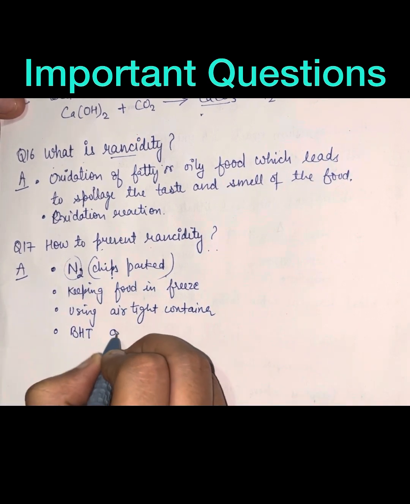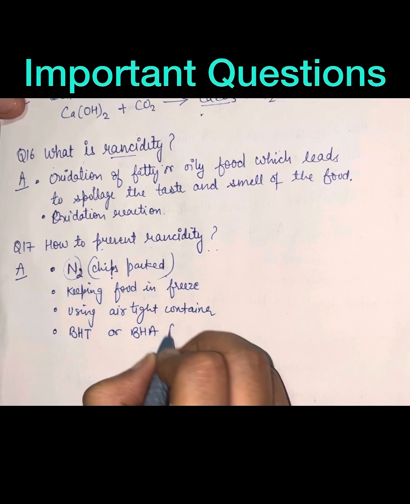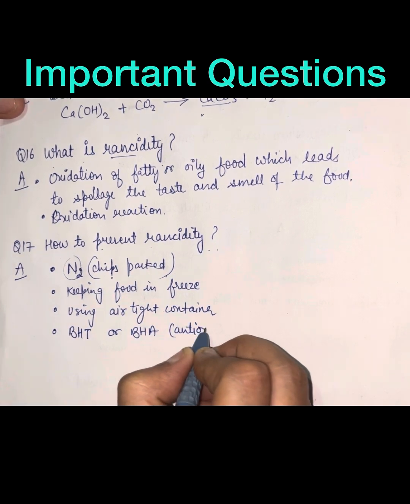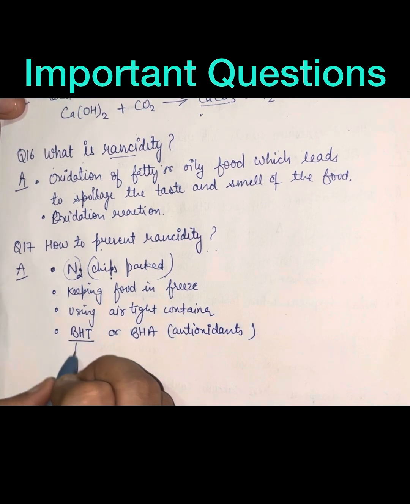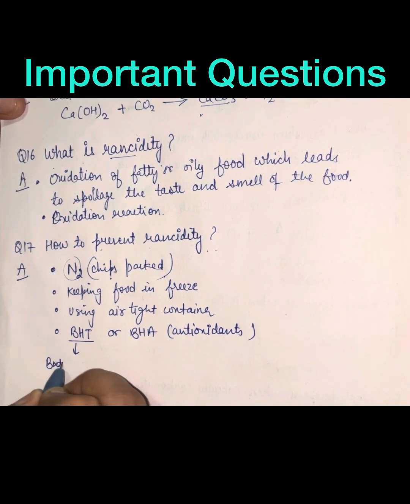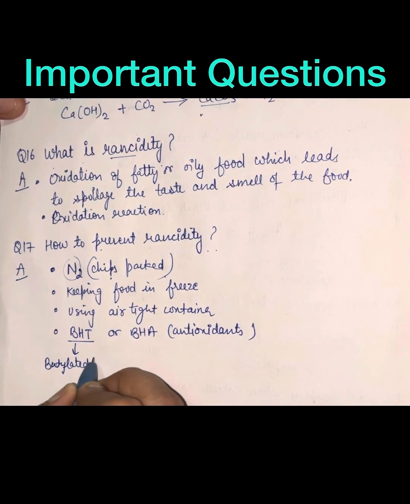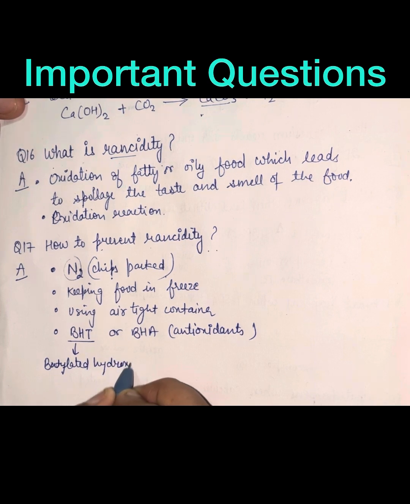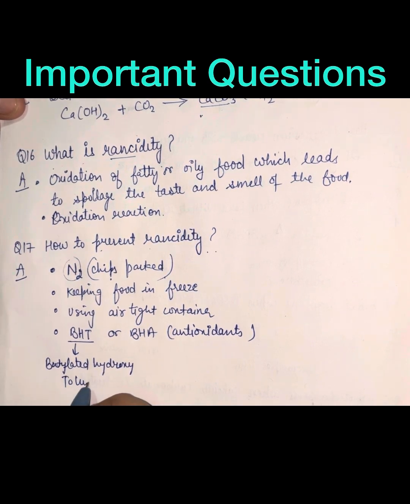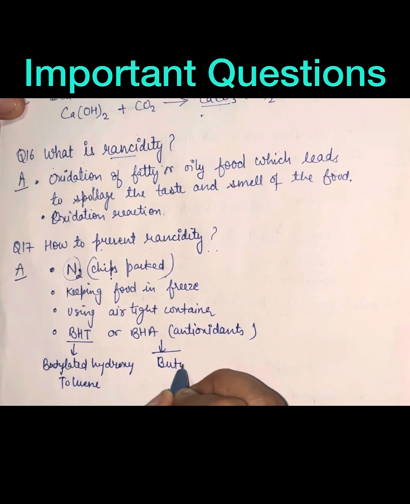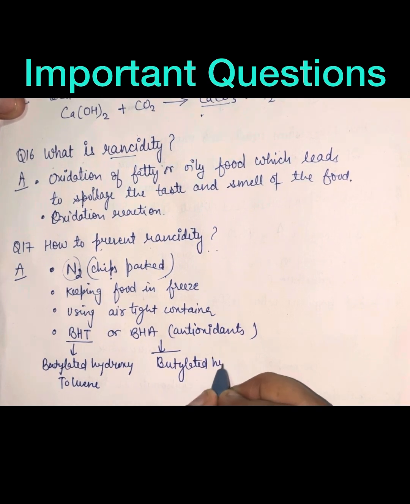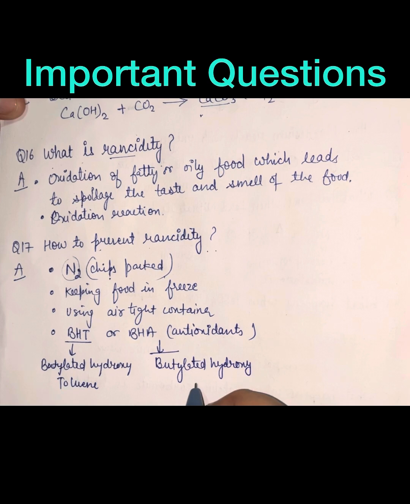BHT or BHA antioxidants can be used. BHT is butylated hydroxytoluene and BHA is butylated hydroxyanisole.